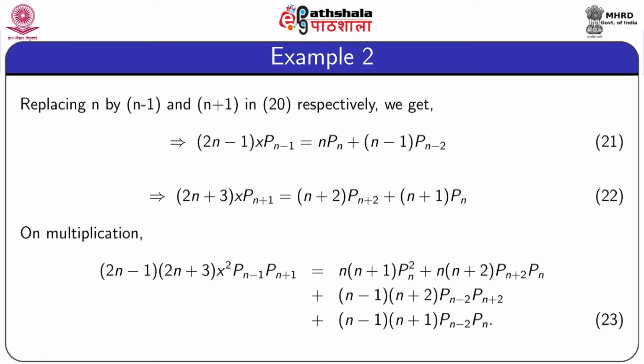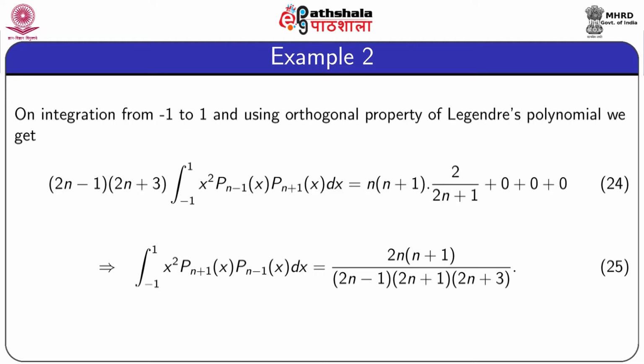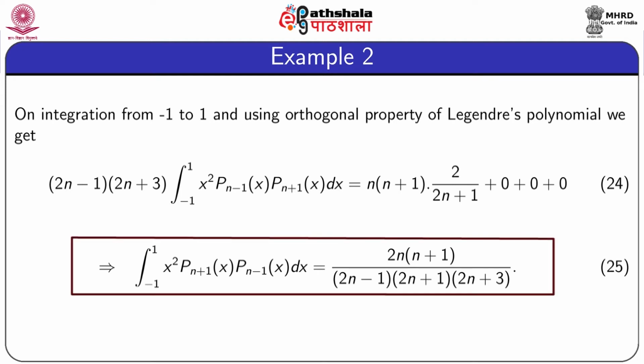Hence, when you integrate this from minus 1 to plus 1, all these expressions will be 0 and you are only left with this one term only, which gives you n into (n+1) times 2 divided by (2n+1), and hence we get the result integration from minus 1 to plus 1 x² P_(n+1)(x) P_(n-1)(x) dx is equal to 2n into (n+1) divided by (2n-1)(2n+1)(2n+3).